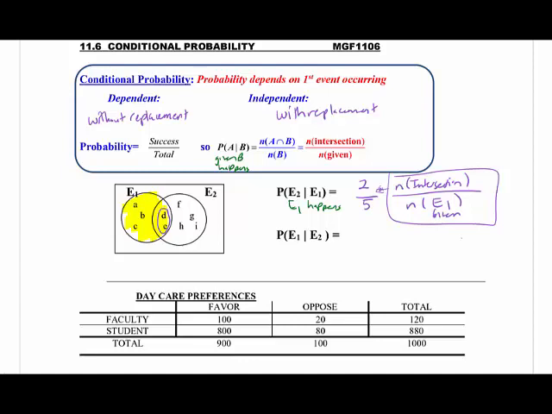So on my second one here, I'm saying event 2 has to happen. That's my given piece. So now I'm going to highlight the E2 circle, and that has to happen. So that means I have 1, 2, 3, 4, 5, 6 options because that's guaranteed.